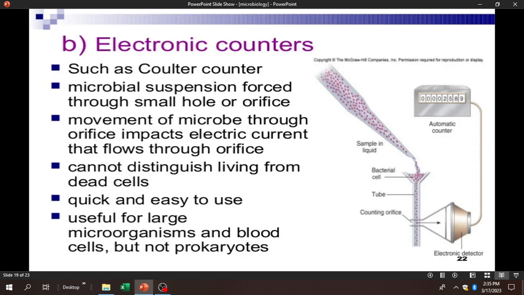Electronic counters, such as the culture counter, force a microbial suspension through a small hole or orifice. Movement of a microbe through the orifice impacts the electric current that flows through the orifice. It cannot distinguish living from dead cells. It is quick and easy to use, and useful for large microorganisms and blood cells but not prokaryotes.